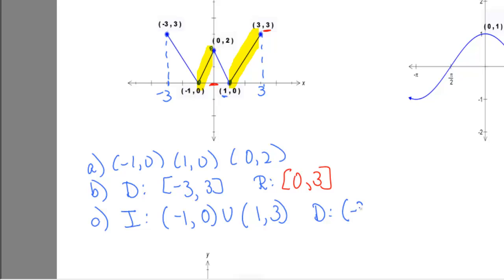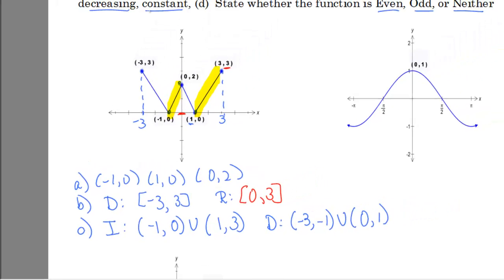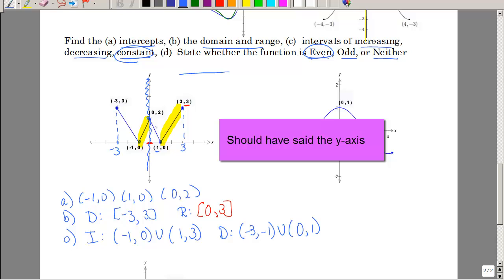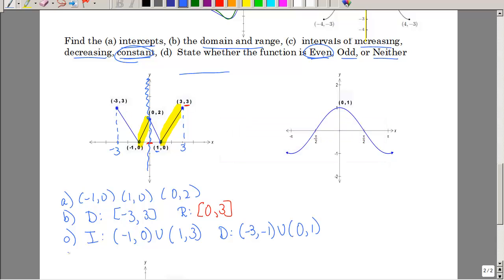So we would have from -3 to -1 and 0 to 1. Constant. What does constant mean? Constant means you would have a flat part of the graph. That means y doesn't change, and we don't have that on this particular graph. And is it even, odd, or neither? Well, even means it's symmetric with respect to the y-axis. And yes, the right side looks like the left side, so part D, this would be an even function.